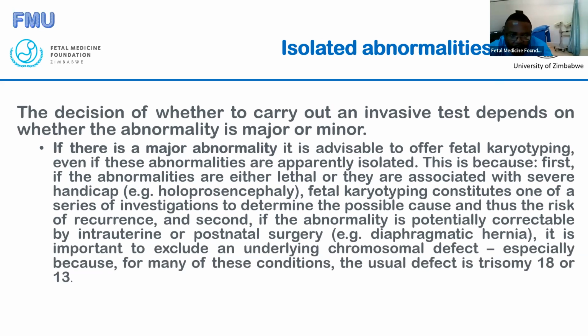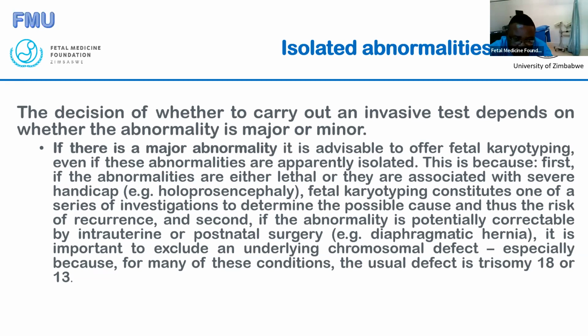Then the next issue, whenever we offer karyotype, we want to be able to counsel expecting parents on the potential recurrence risk. And we also want to give them closure. People always ask this question whenever I tell them that there is an underlying abnormality in their baby. They want to know what has caused it, because knowing will allow them to get the closure that everyone wants.